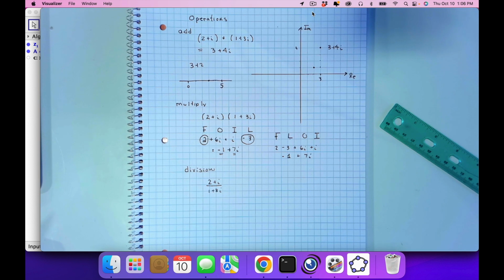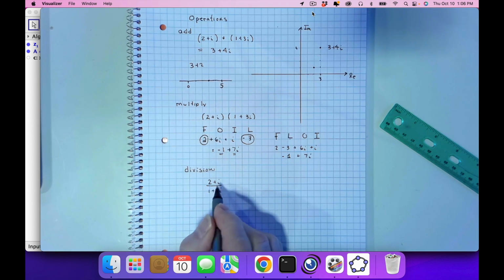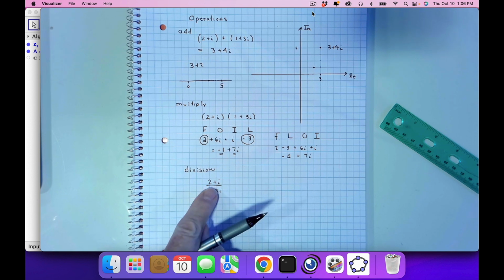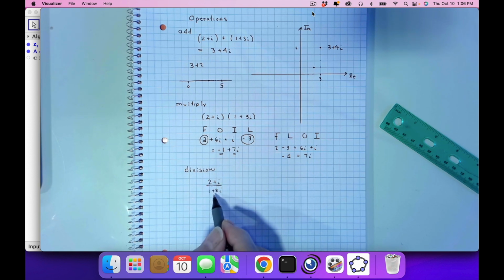Dividing two complex numbers. Now, we might give you this ratio right here. We might ask you, hey, what is the real part of this? I take a complex number and I divide it by a complex number, I have a complex number which has some real part. And we ask, what is the real part? Well, you can't answer that until you carry out the division and put it in the standard form.